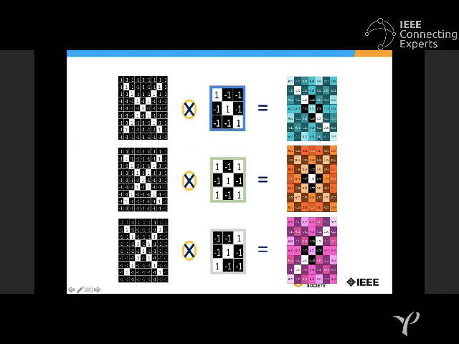If you look into these kernels, you will see that each kernel has a particular pattern of data. You see this kernel gives a good value in these two regions, and this kernel gives a good value in these two regions. Similarly, this kernel gives a very good value in this region, and this kernel gives a very good value in this region.